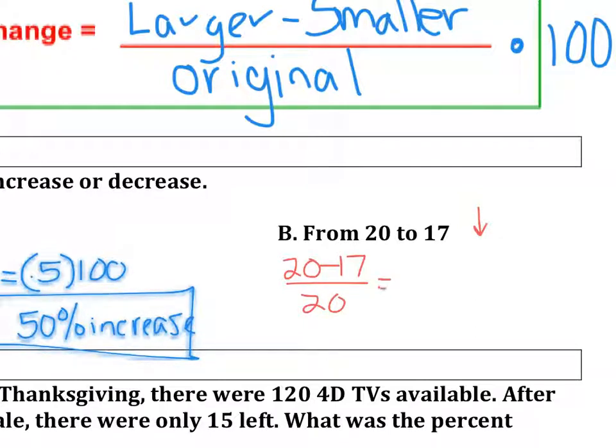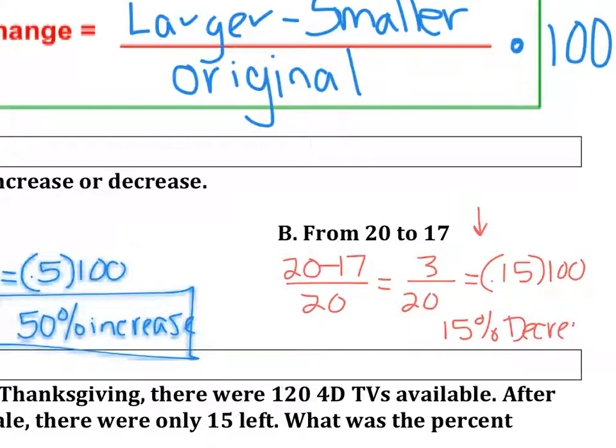So now in my numerator, I have 3 divided by 20, which is going to be 0.15, and then I multiply that by 100, giving me a final answer of 15% decrease.